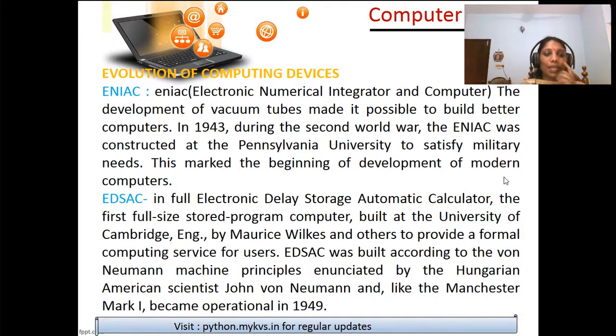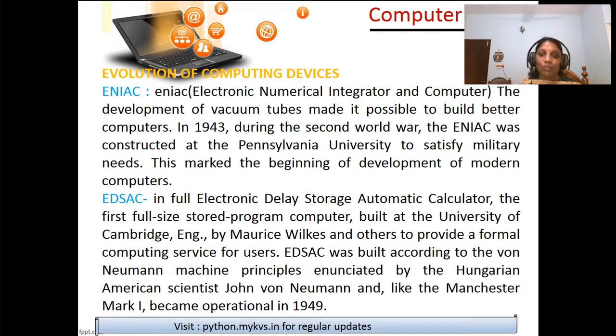Now the next one, that is ENIAC. You might have learned this in your computer textbooks in smaller classes, maybe in 7th or 8th standard. Now from here onwards, you have to expand the form. ENIAC stands for Electronic Numerical Integrator and Computer.